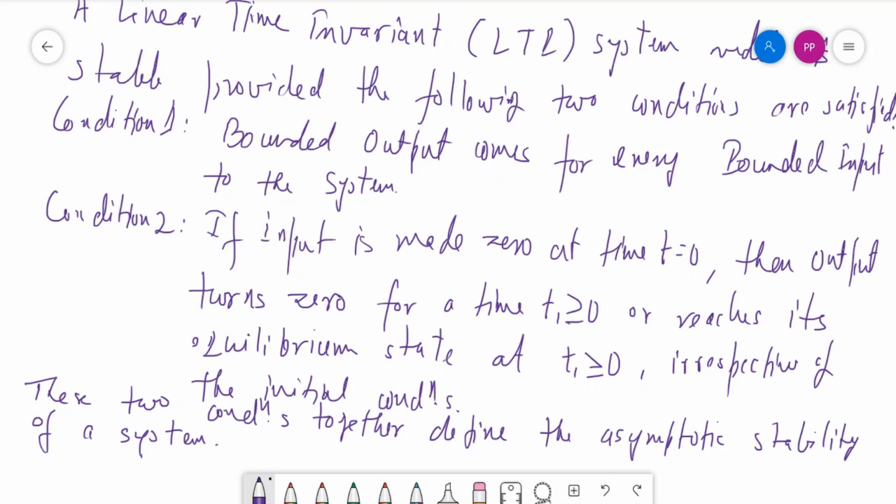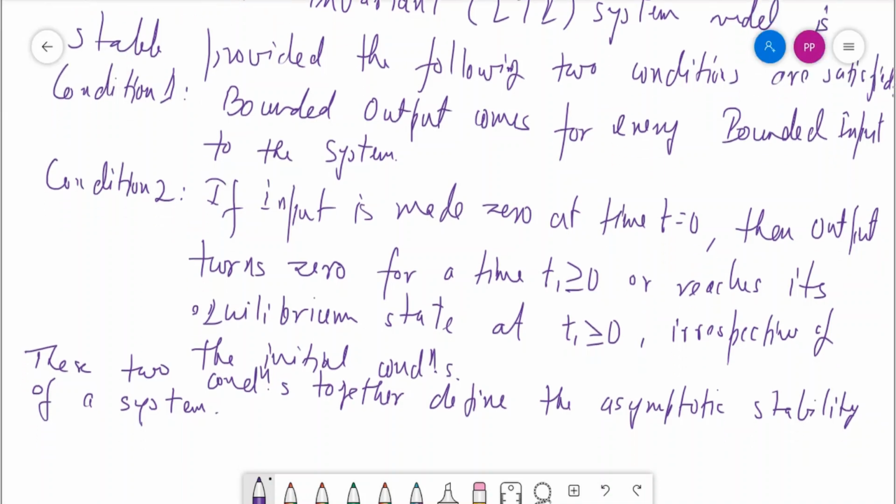Then such a system model is said to have a bounded input, bounded output stability. So this is a very important and known concept in control systems.